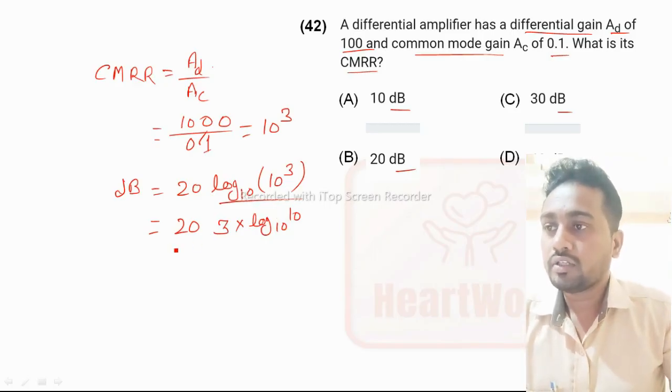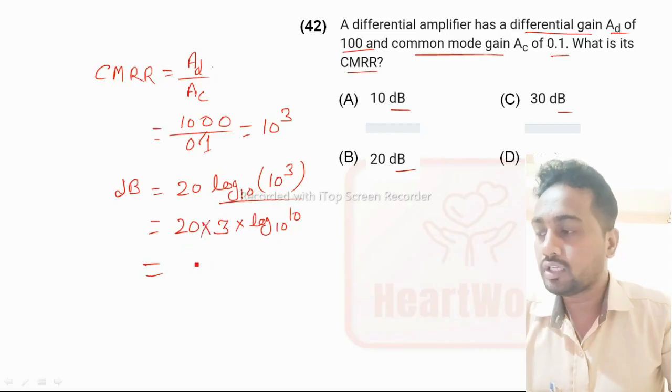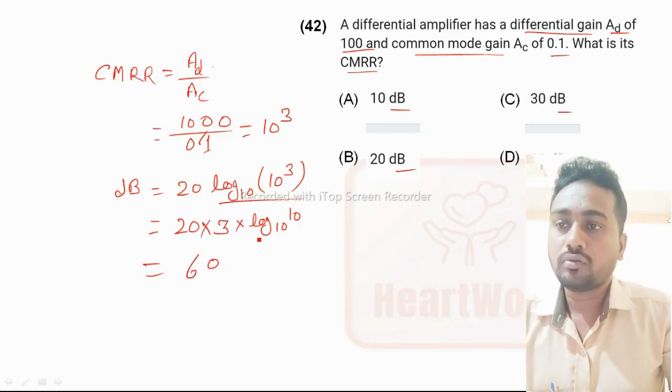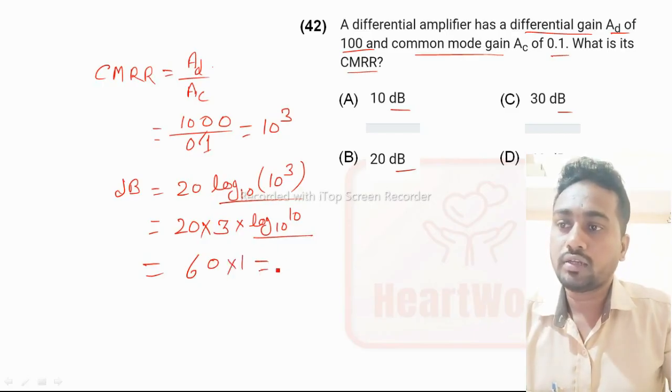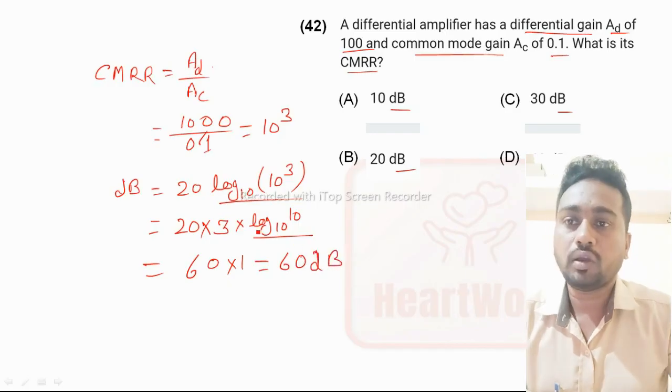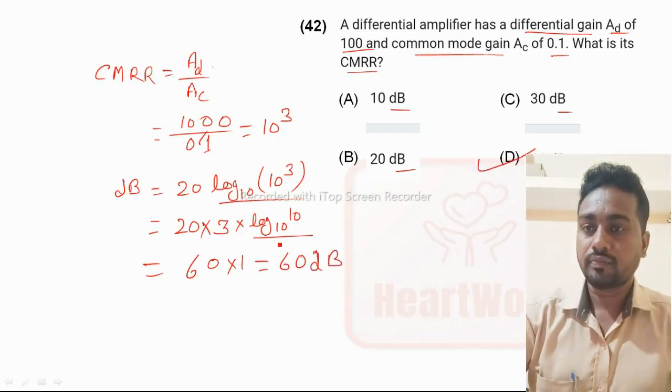So 20 into 3 is 60, and log base 10 of 10 is 1. So this is 60 dB. Option D is the right answer.